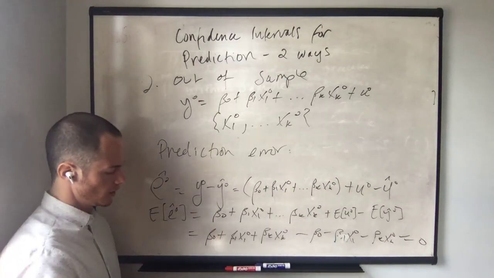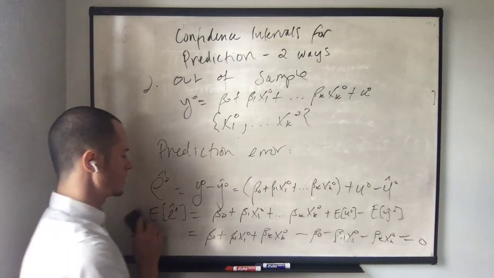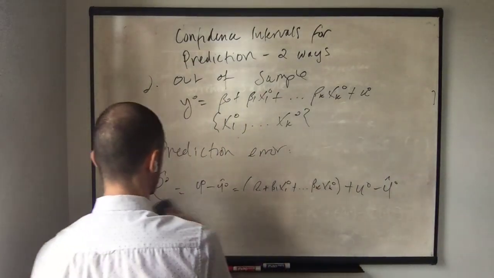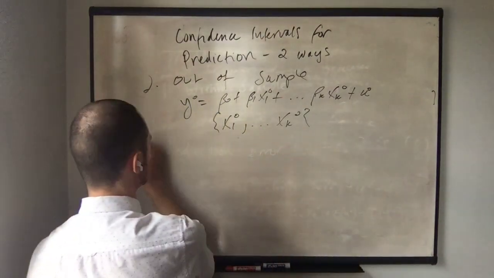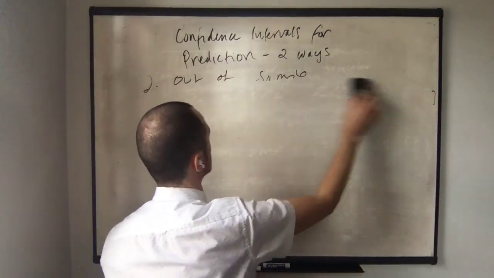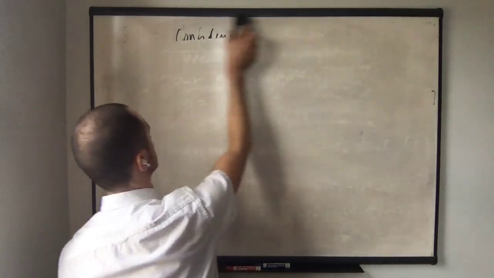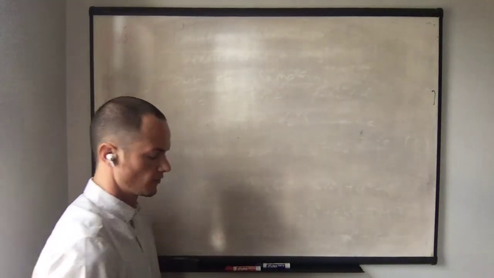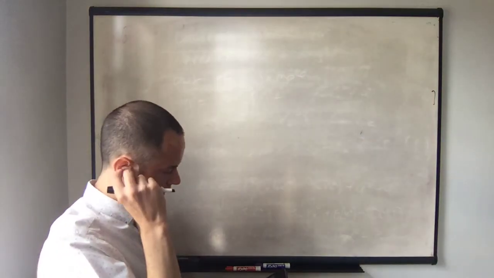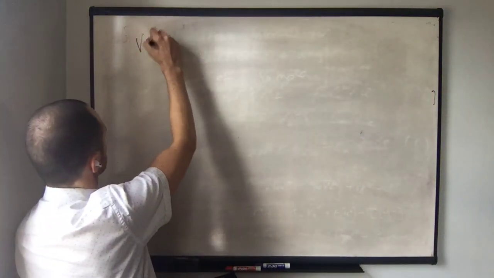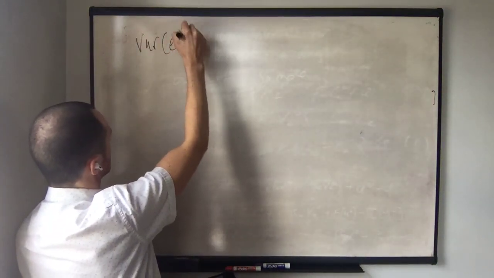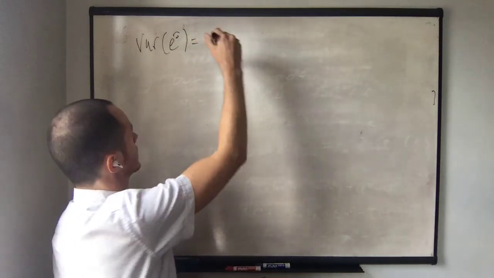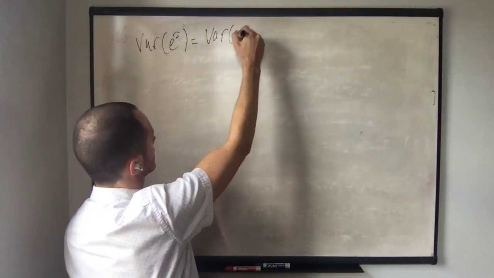Let's think about the variance of this thing. What is the variance? The variance is going to help us with the confidence interval for this out of sample prediction. So the variance of E naught hat is equal to the variance of the whole thing, right?